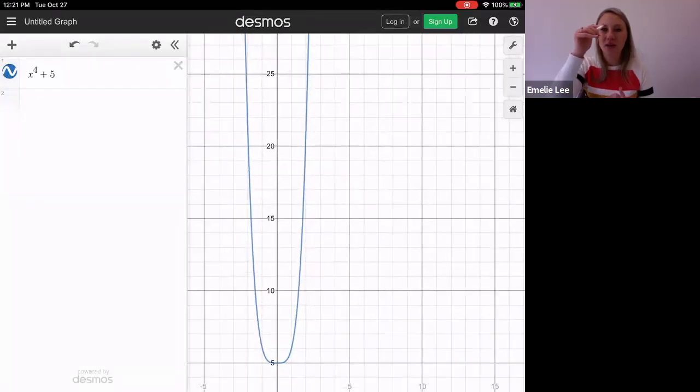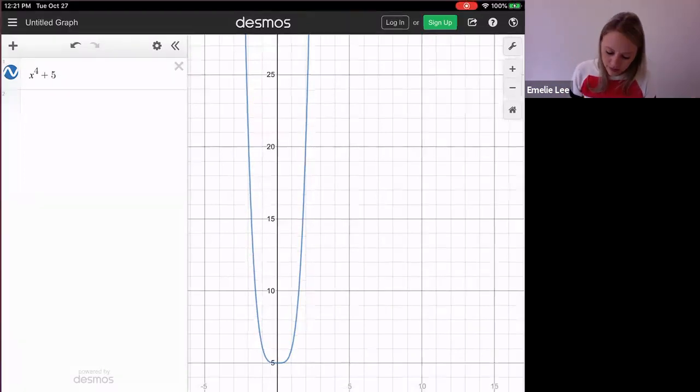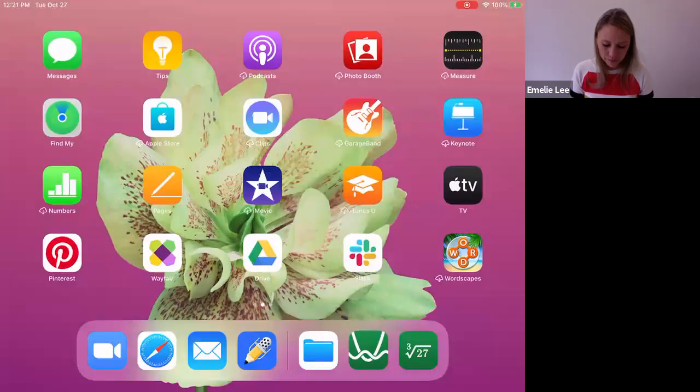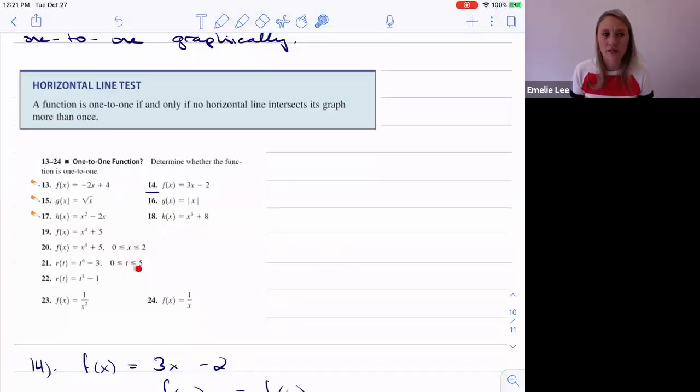Well, I could do the horizontal line test and I would find that it is one-to-one on that range, right? And so it just depends on what area you're looking for, what domain you're interested in.